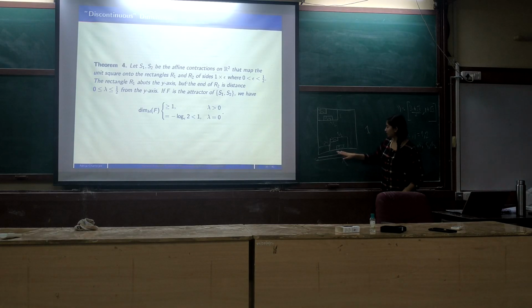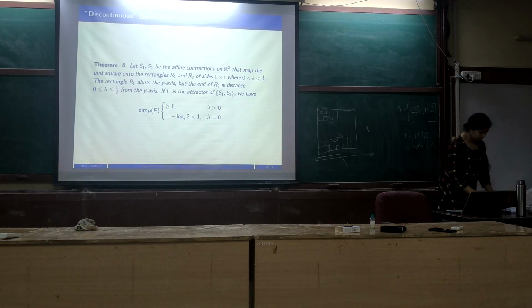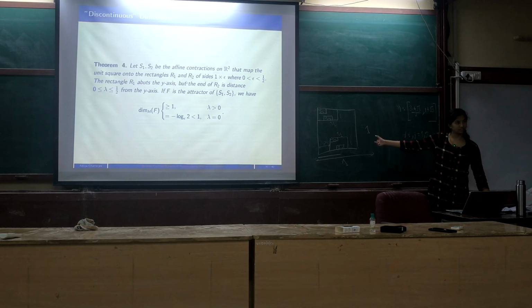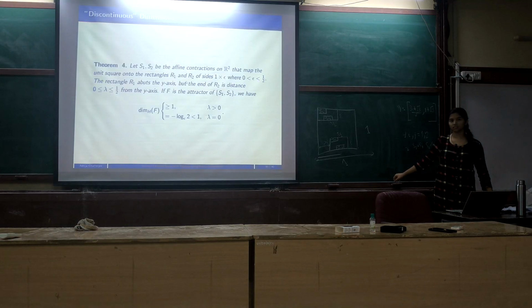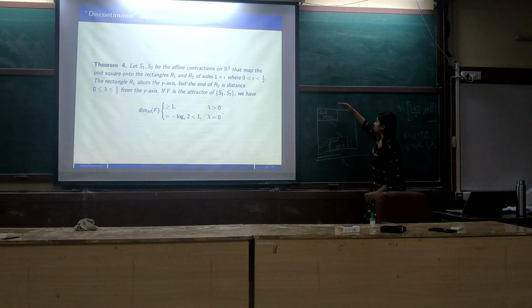Actually it depends on lambda. Wait, I will tell you the exact value. Is this lambda the eigenvalue or just the distance? It is the distance. Oh, I am taking the projection of the entire attractor. So basically what happens is, when you transform this set into these two rectangles, then the rest of the set just vanishes.